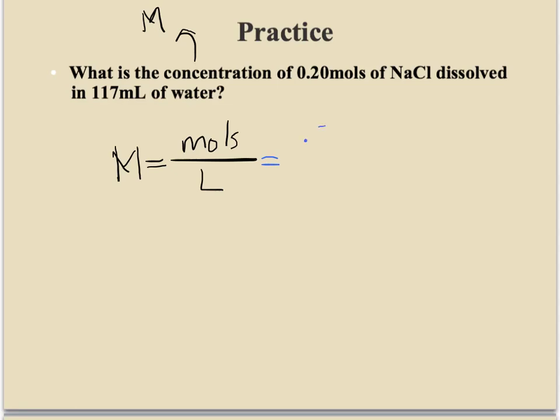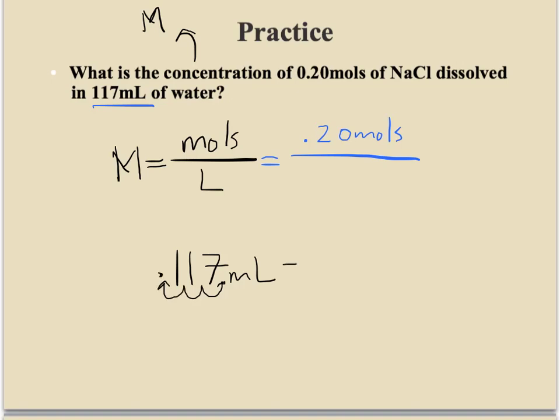We know we have 0.20 moles of sodium chloride, and the volume is 117 milliliters. So remember, we can't leave it in milliliters. We need to put it into liters. So that means we take that decimal, move it over 3 places to the left, and it becomes 0.117 liters. And that number then goes up into our equation.